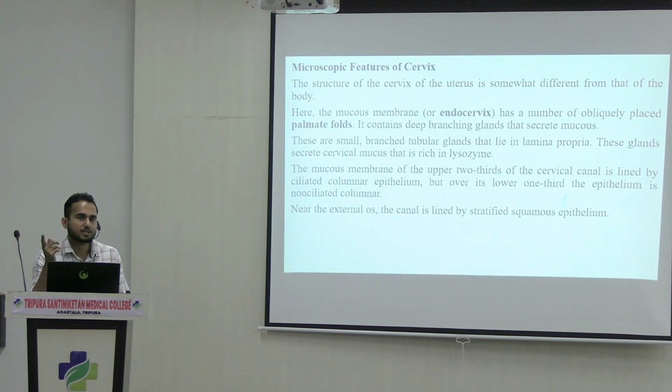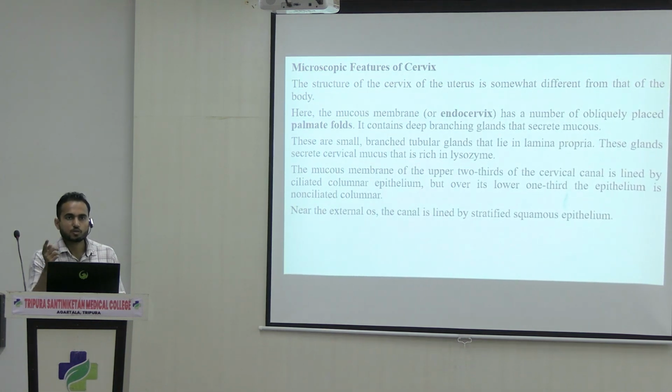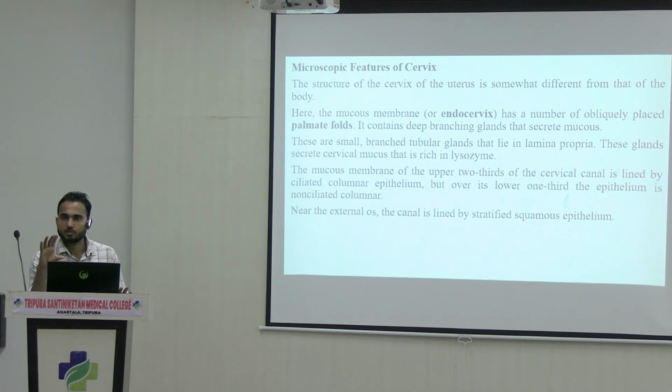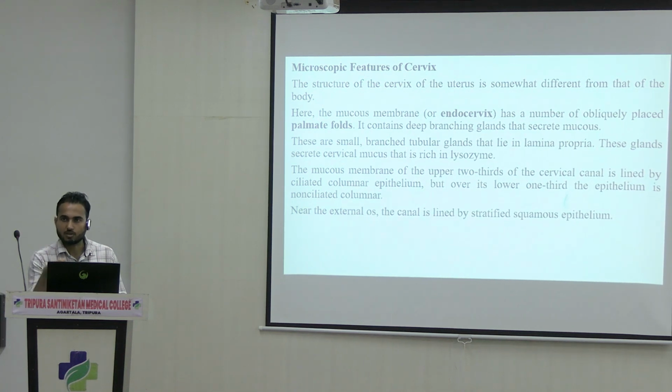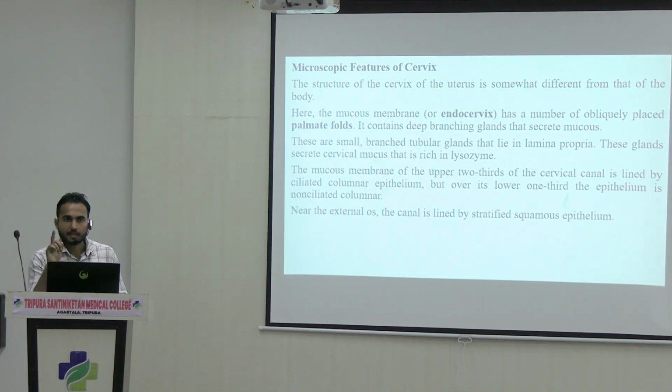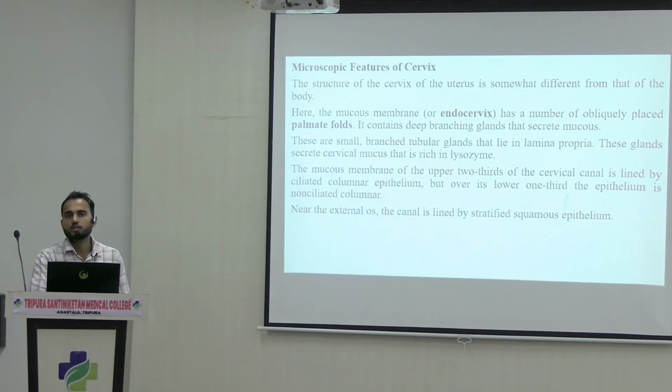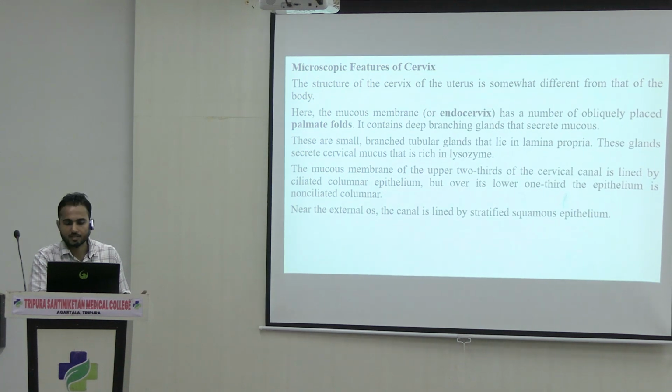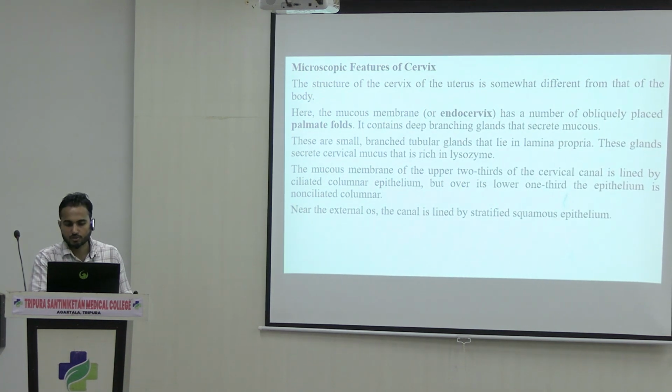If you remember about the cervix which we have discussed, mostly the cervix is in the form of a canal, also called the cervical canal, extending from the internal os to the external os. Now that lumen of the cervix is always kept closed. If you see the lumen of the cervix, mostly it is thrown into oblique folds, and these are called palmate folds.